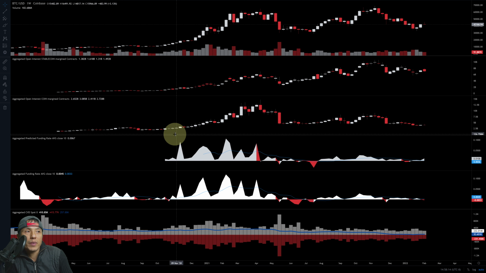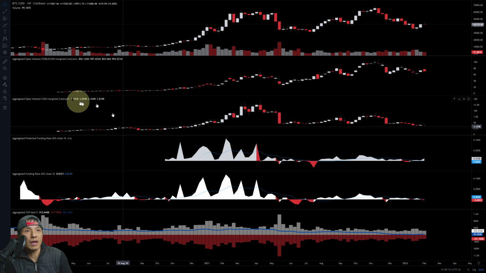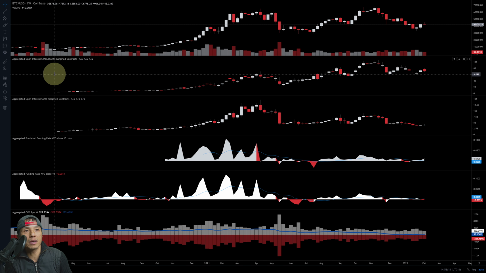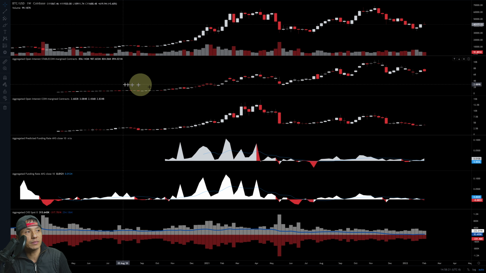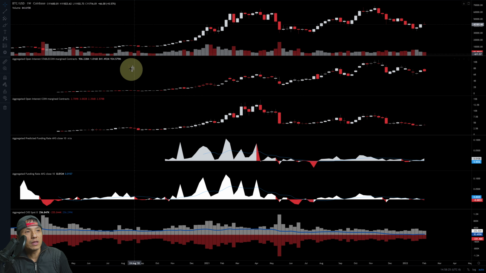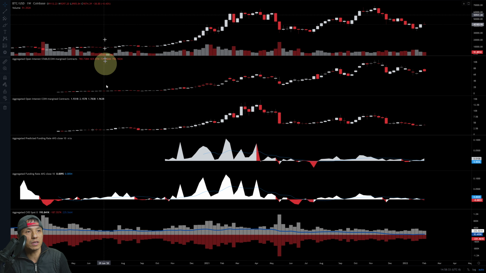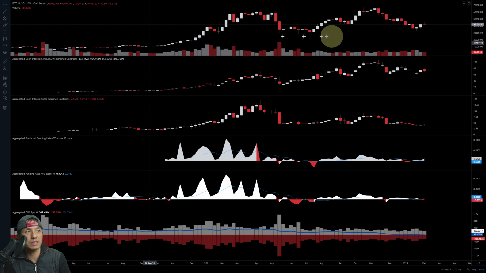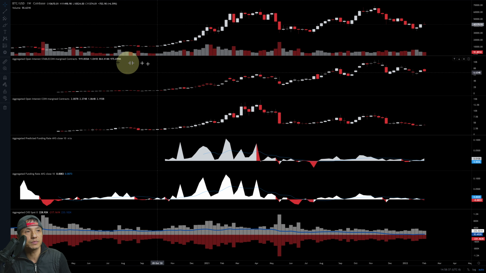So what patterns do we see? Let's start with aggregated open interest using stablecoins. You can see that in general, there's a vertical line that goes up and down across all these panels.